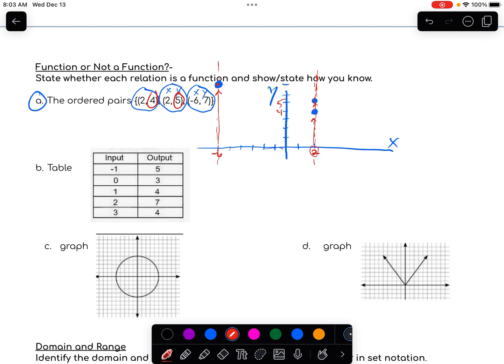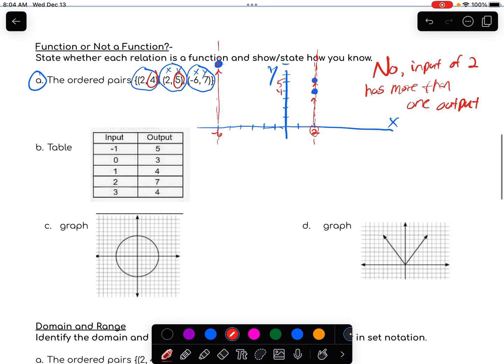That means the input goes to more than one output, and that is not a function. So no, input of 2 has more than one output. So not a function.